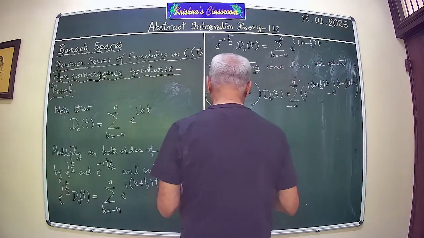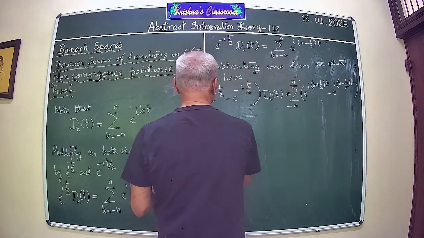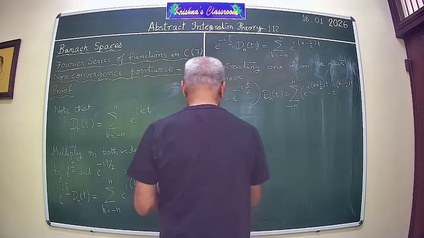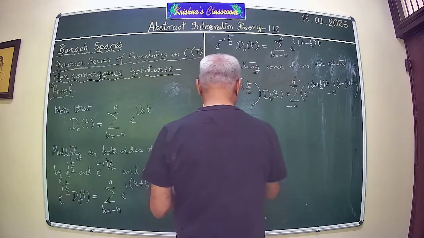Therefore, we have this is actually 2I sin t by 2.